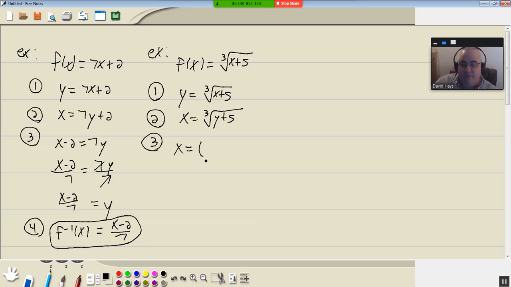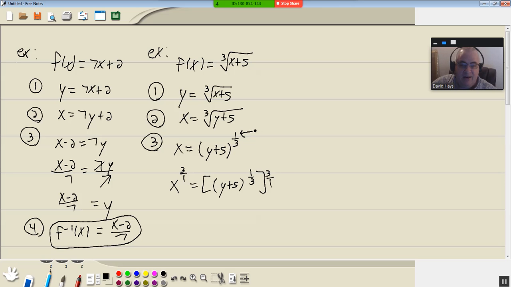Well, the cube root I can rewrite as y plus 5 to the 1/3 power. And we can get rid of the exponent here by raising both sides to a power equal to the reciprocal. Reciprocal means fraction flipped. So take both sides to the 3/1 power. Now normally we have to ask the question, do we need to put a plus or minus on the other side?